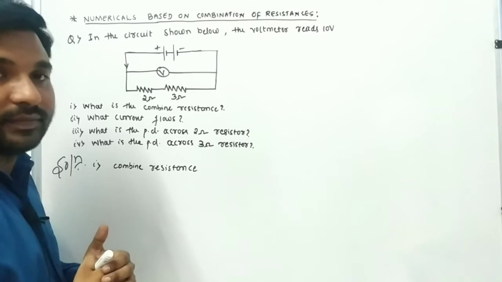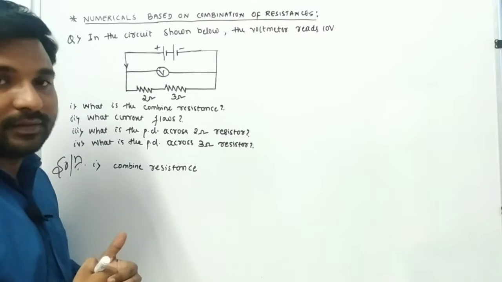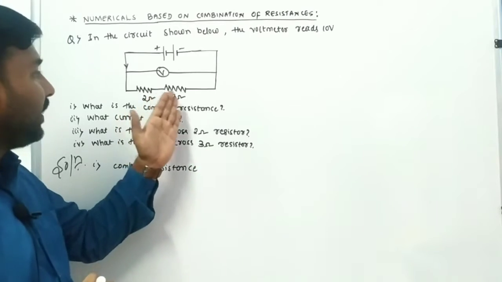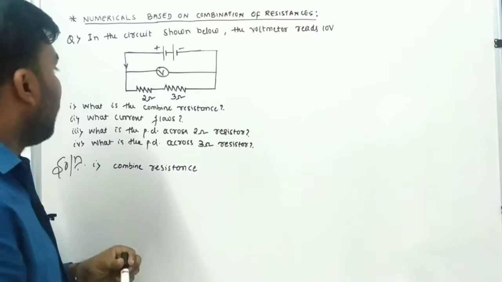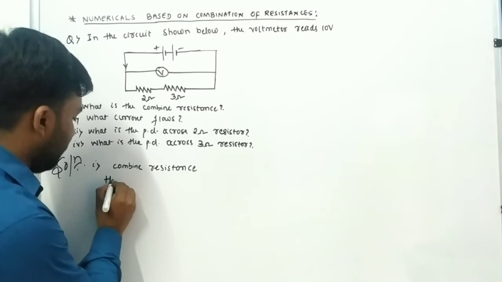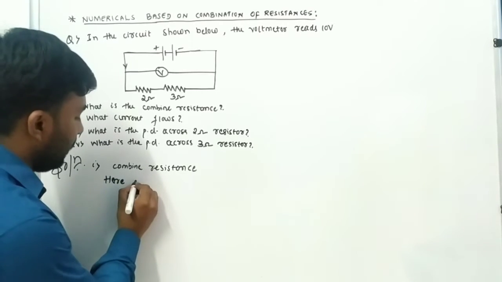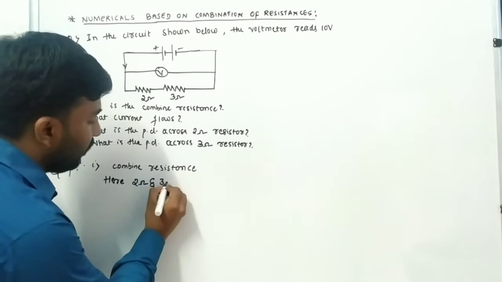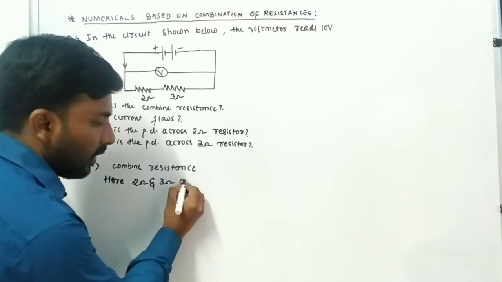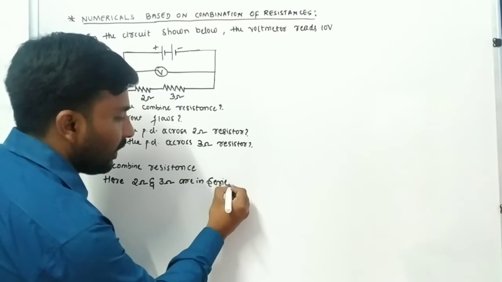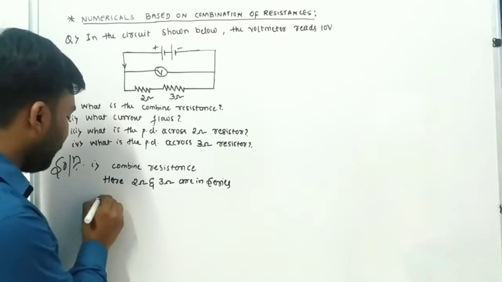These two resistors are in series because these two resistors are connected one end after another. So here 2 ohm and 3 ohm are in series.